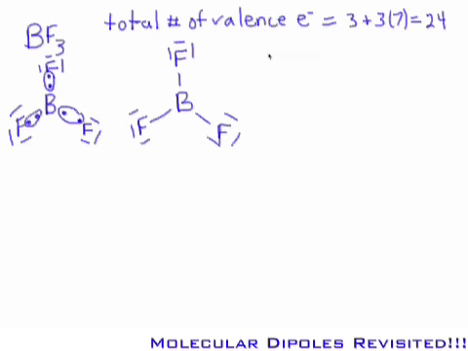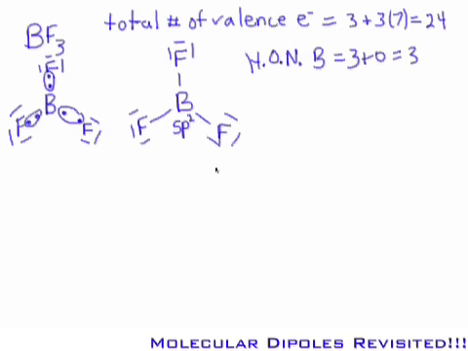And to get that shape, I must look at the boron and figure out its hybrid orbital number. What is the H.O.N of boron? The H.O.N of the boron is 1, 2, 3, 3 atoms plus 0 lone pairs. So H.O.N is 3, which means the boron is sp squared.